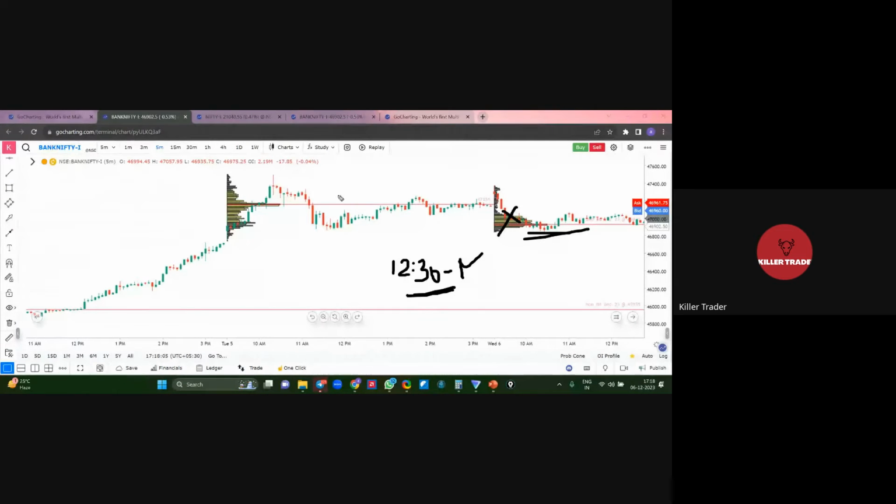Focus more on the previous day's profile, because the market has just opened, and you can't rely on the volumes of the first 3 candles on a particular day and then decide what kind of positions you want to take, or what kind of analysis you want to do just based on 3 candles into the trade.